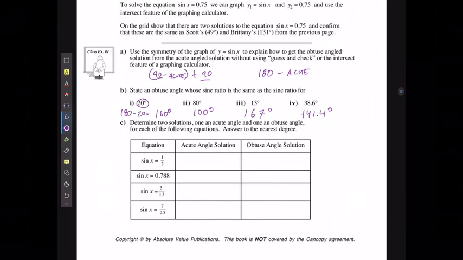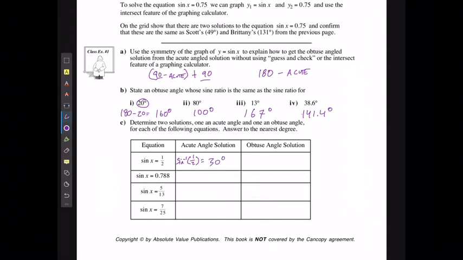So, I can do that for any of these. If I'm going to solve for the acute angle and the obtuse angle, if I have sine x equal to 1 over 2, then I'm going to take sine to the negative 1 of 1 over 2, and I'm going to get 30 degrees.